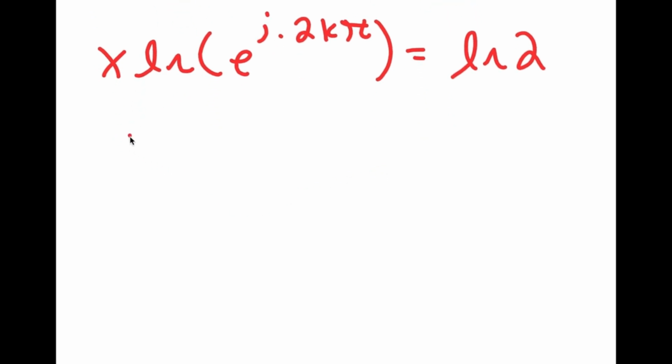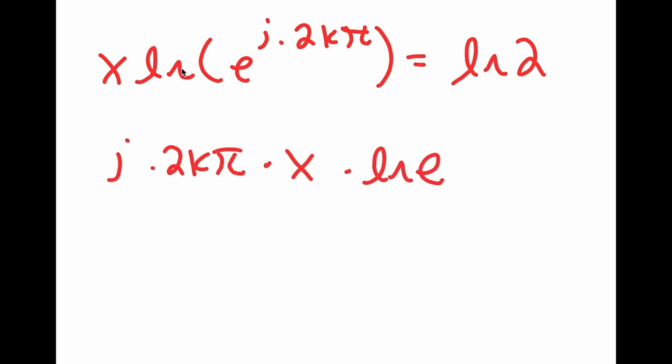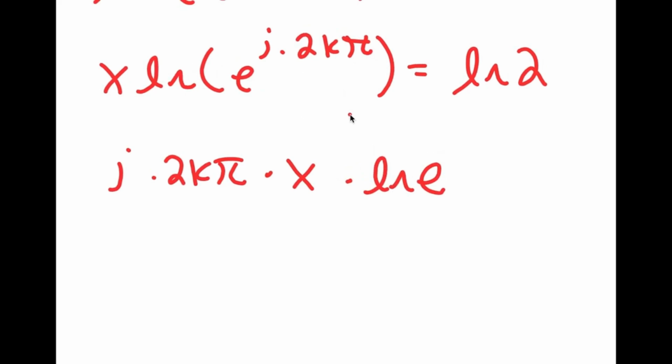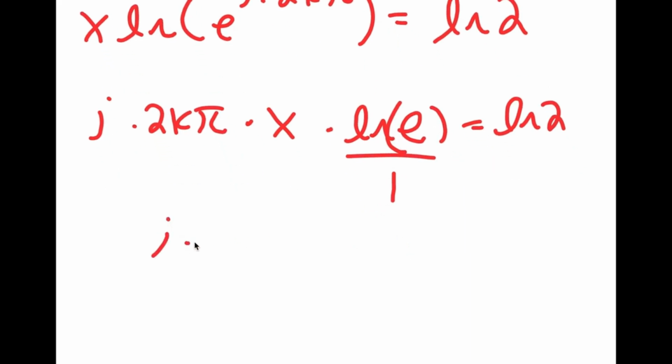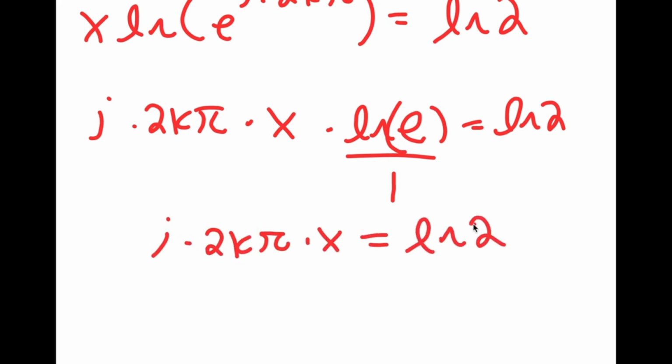Now, this is the same thing as i times 2k pi times x times ln e. So I'm just using the ln property again. This is equal to ln of 2. And ln of e is equal to 1. So I'm left with i times 2k pi times x times 1, which is the same thing, is equal to ln of 2.